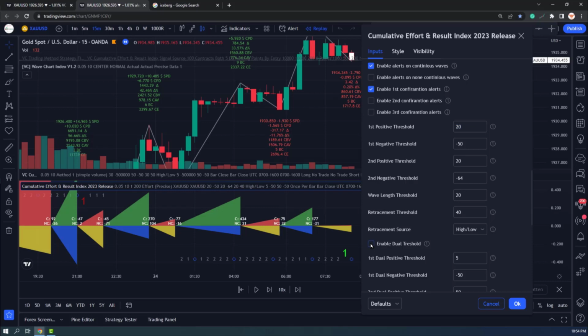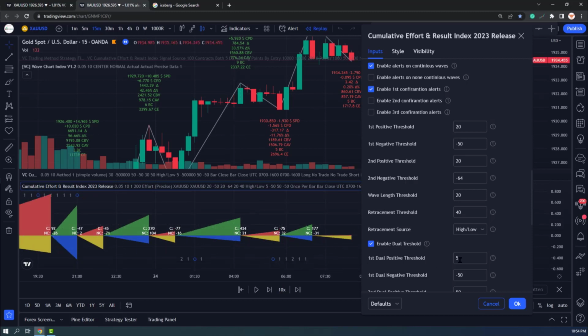The second one is non-continue. This dual first threshold belongs to this non-continue, because if this is continue, this will be non-continue.